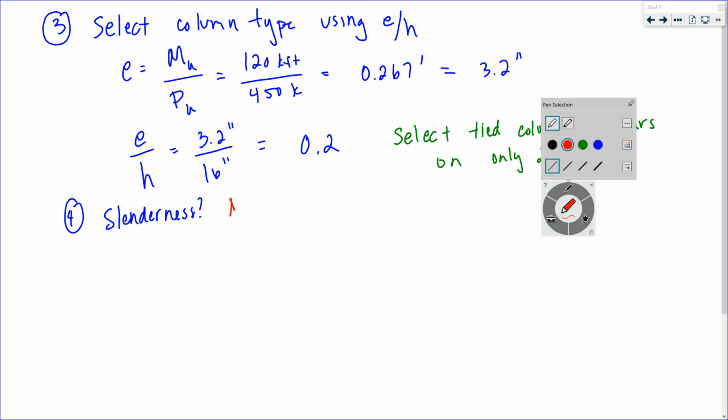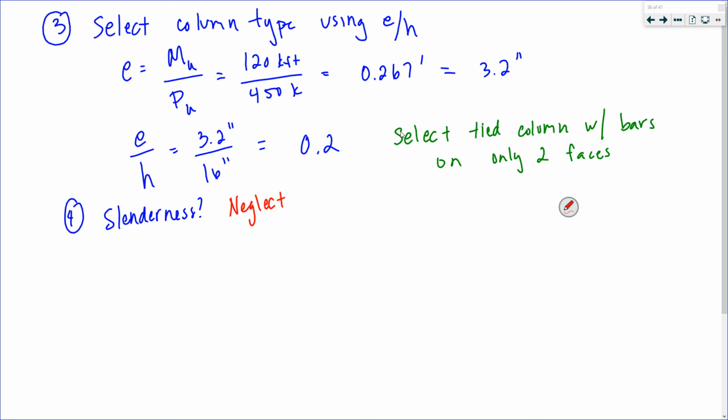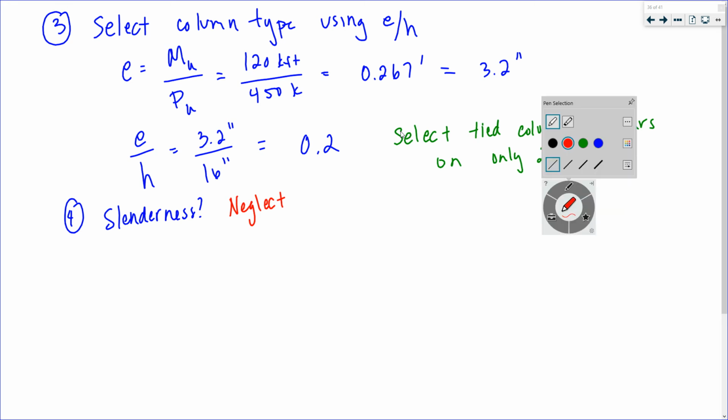We could check it, but for now we're just neglecting it. So our trial size is our 16 by 16 column, 2 faces. Let's see, what's our next step? Calculate a gamma, because we're going to need that to determine which chart to use.